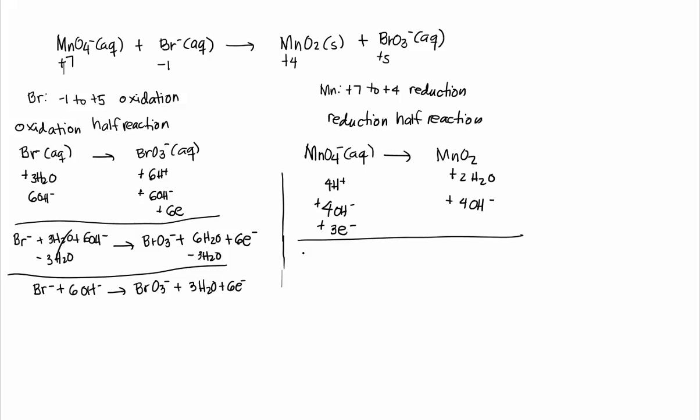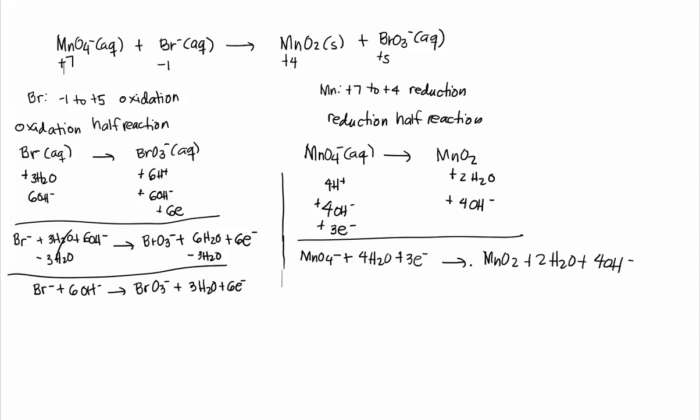Okay, add the left and the right terms. MnO4 negative, 4 H pluses plus 4 OH minuses make 4 H2Os plus 3 electrons. On the right side we have MnO2 plus 2 H2Os plus 4 OH minuses.